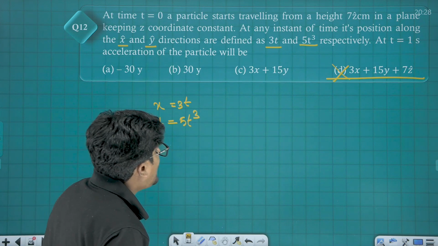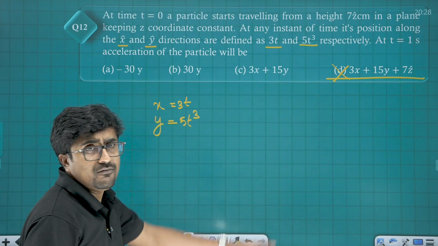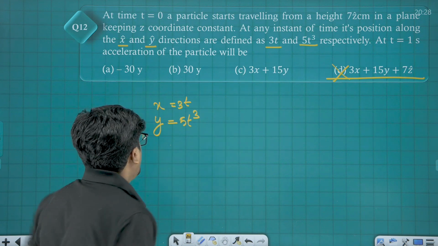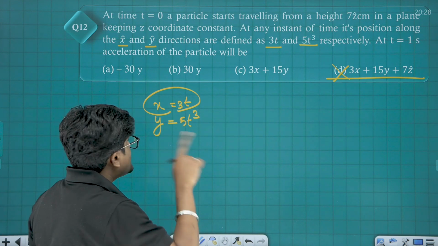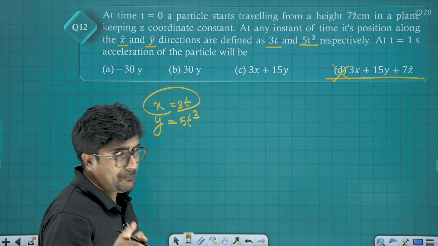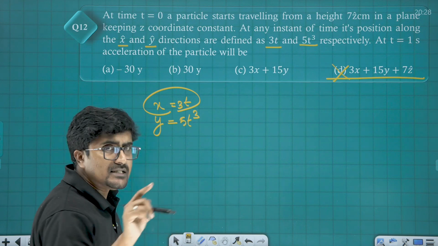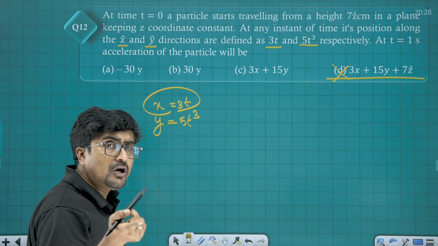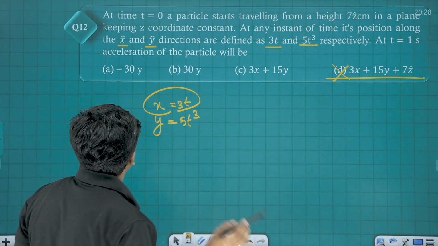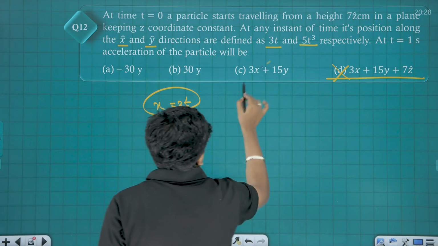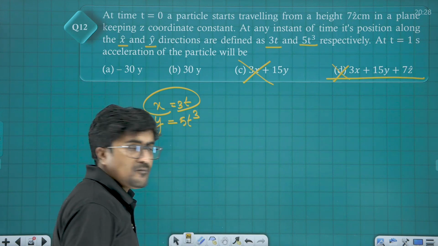Now at t equal to 1, the acceleration of the particle will be. Here x is proportional to time. If you differentiate this, you get velocity along x axis as 3, which is constant. That means there is no acceleration along x axis. So by default this option is also going to be wrong.